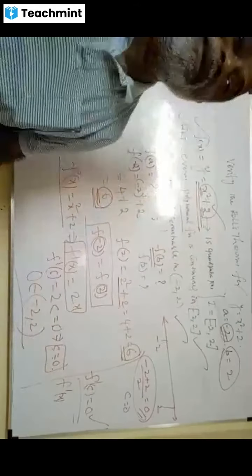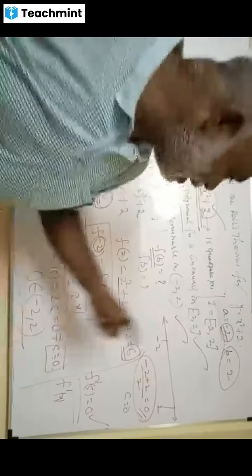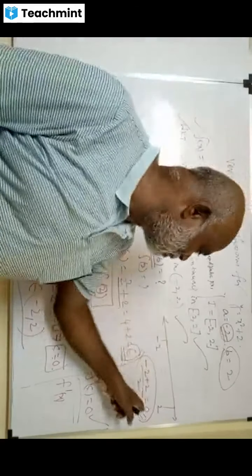That is the mean value. Mean means what? Minus 2 plus 2 by 2 is what? 0.